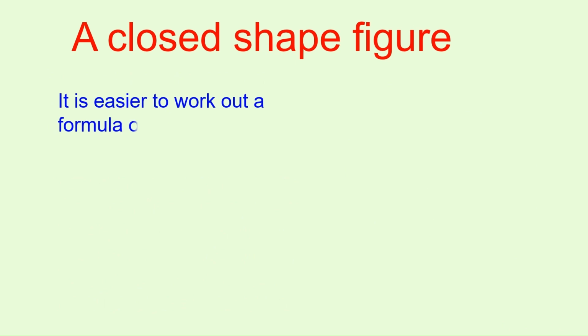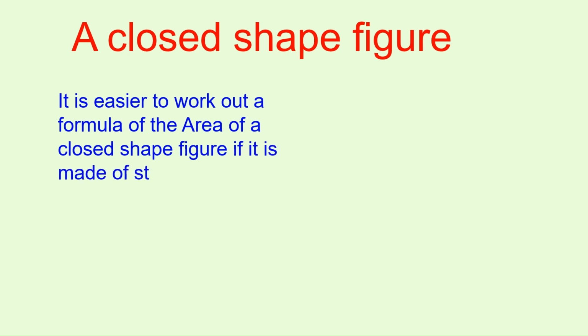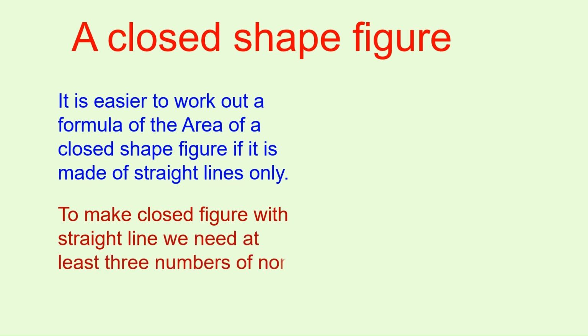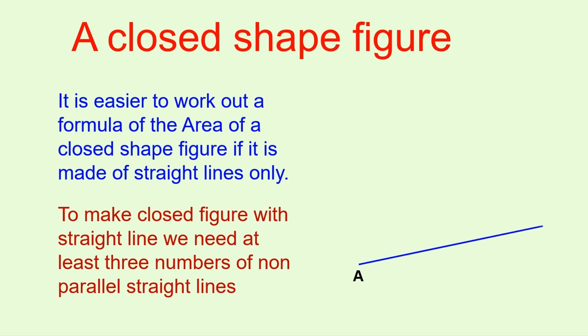It is easier to work out a formula of the area of a closed-shaped figure if it is made out of straight lines only. To make a closed figure with straight lines, we need at least 3 non-parallel straight lines.